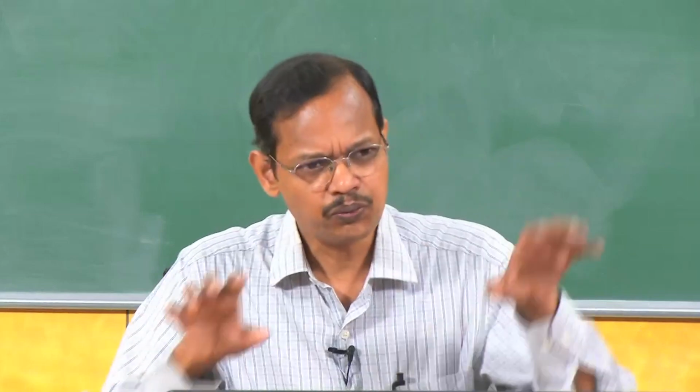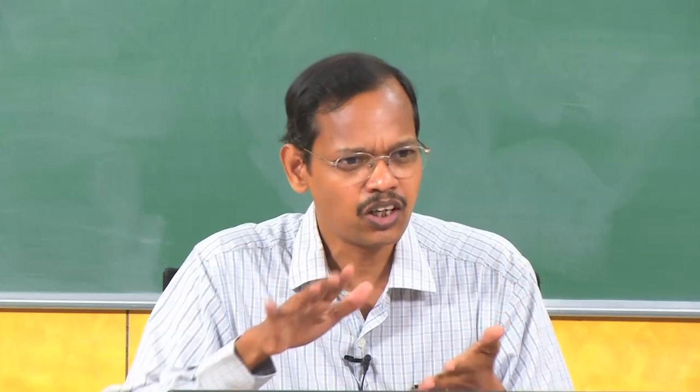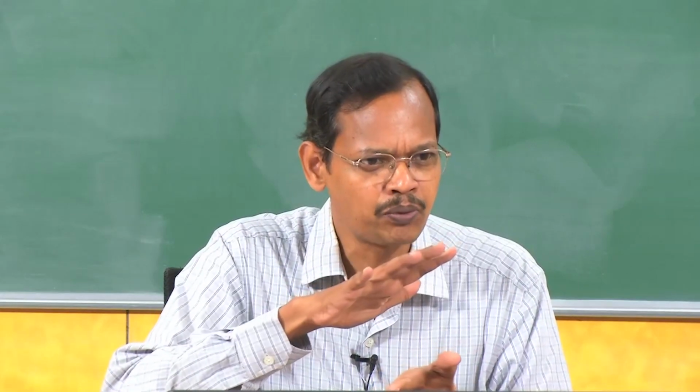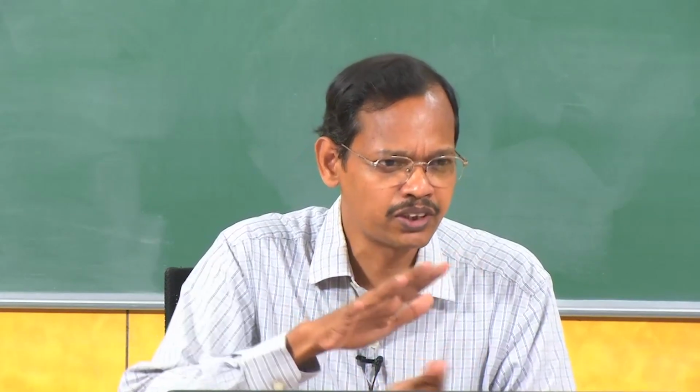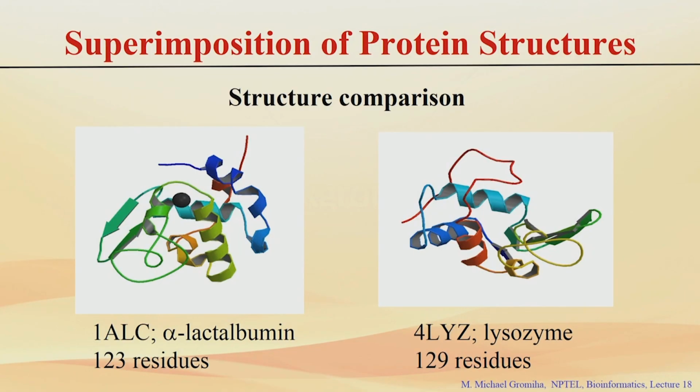So now, if you get 2 proteins, we discussed the various parameters, then we can also see how far the 2 structures can be superimposed and how similar they are to each other. Here I show 2 proteins, lactalbumin and lysozyme, from different families. These have 123 residues and 129 residues. Sequence identity is low, but if you compare these structures you can see some similarity.